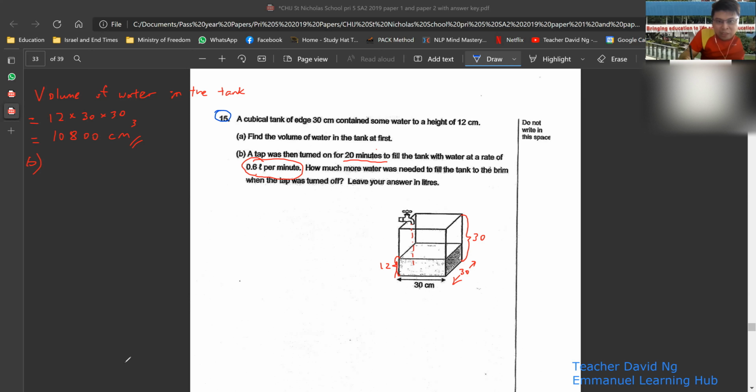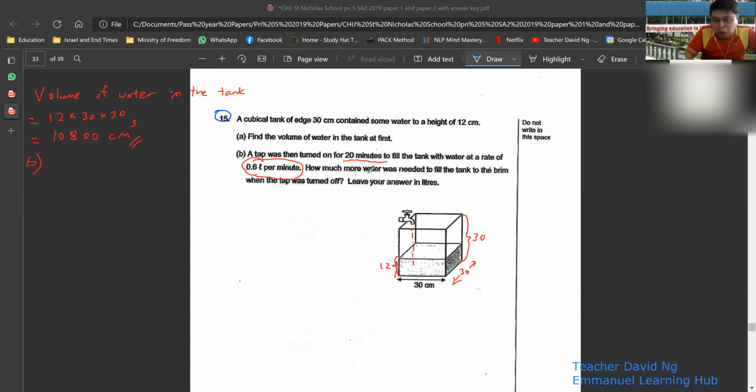Why do you think such information is given to you? I don't know. You don't know. Because if such information is not given to you, it's impossible for you to find the amount of water that's in the tank eventually. Does that make sense? Yes.